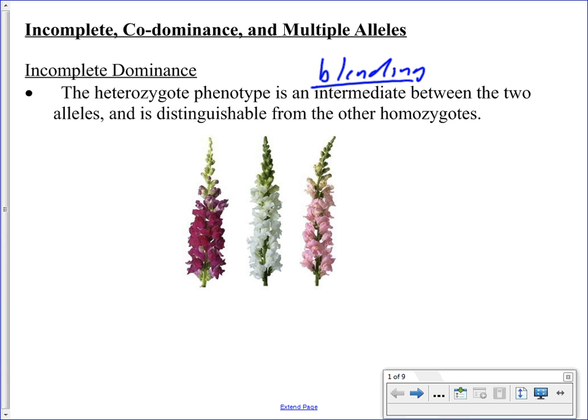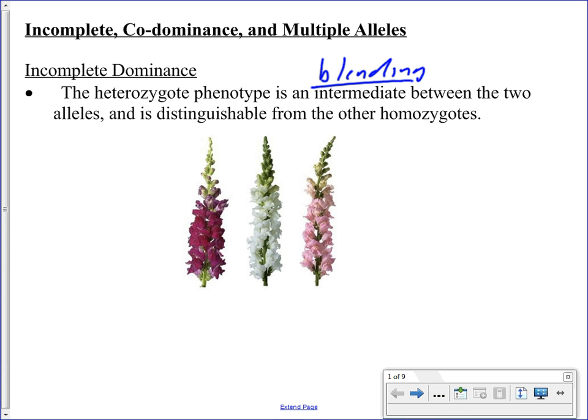So with the blending, what we see is that we have the two homozygous forms that have a distinct phenotype. But when we do have the heterozygote form, we have a completely different phenotype, a phenotype that is an intermediate between the two different homozygous forms and is clearly distinguishable from either one of those homozygous forms.